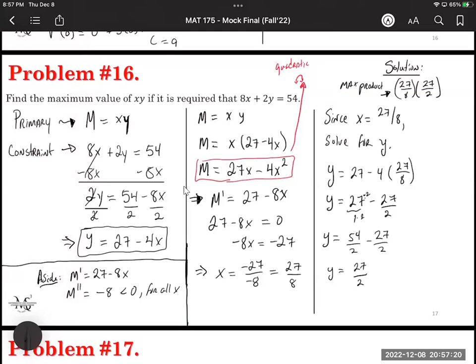So once you find that one value, finding the value of the second variable just becomes arithmetic. Any questions?